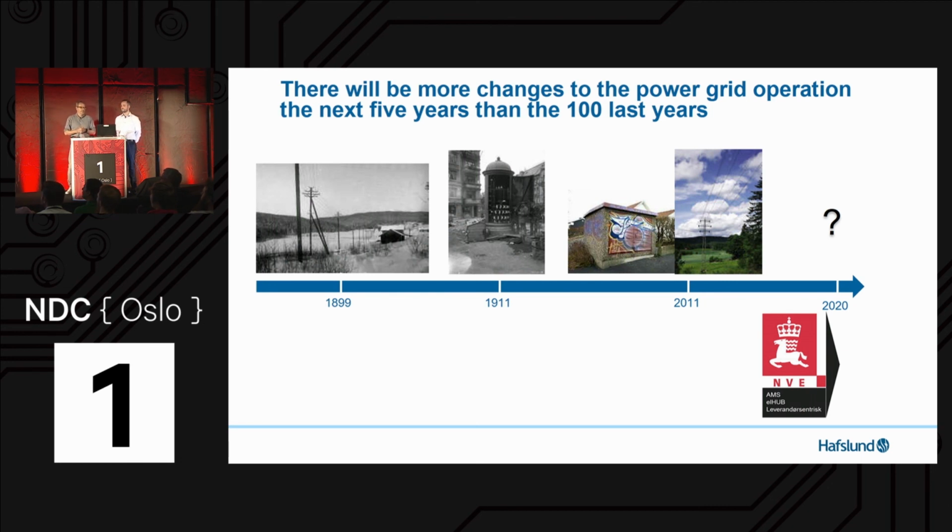Then, over the next 5 years, starting 2 years ago, more stuff will happen in this business, I think worldwide, than ever before, mostly because of regulation from the government. The big driver right now is the AMS project, which is to put automatic meters in every home and every business in Norway. That's the driver for all this technology that we're now talking about.